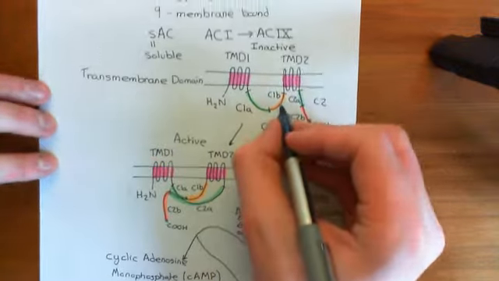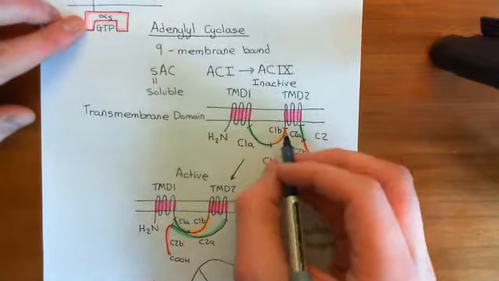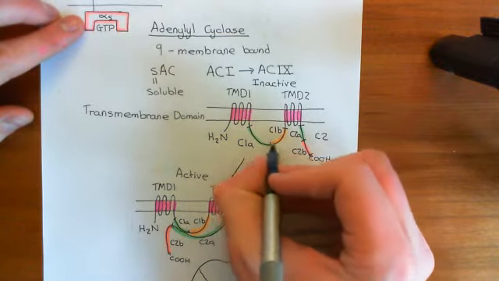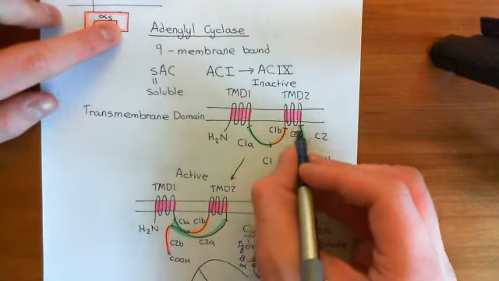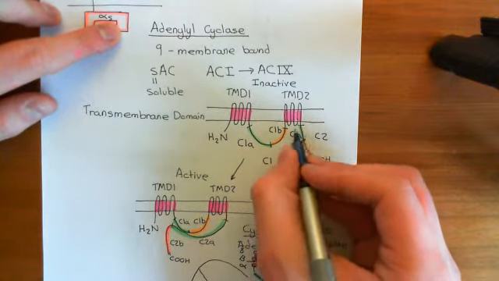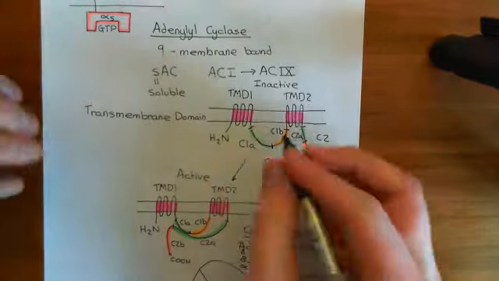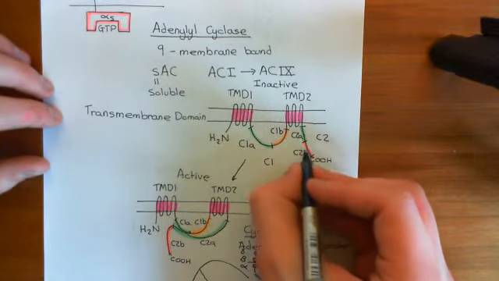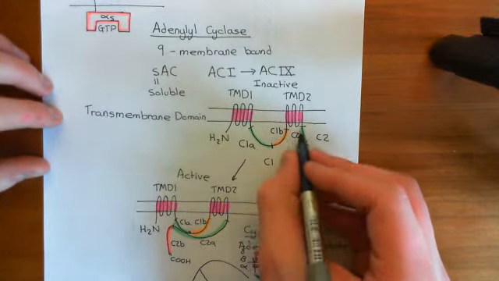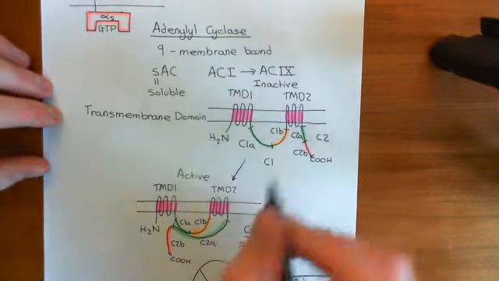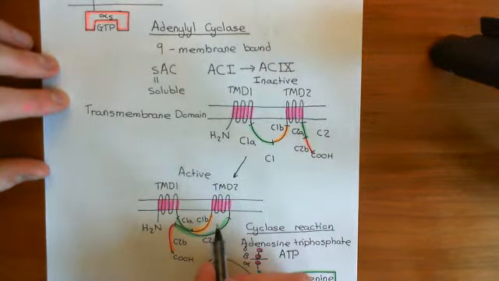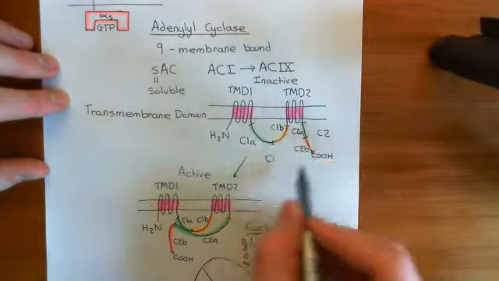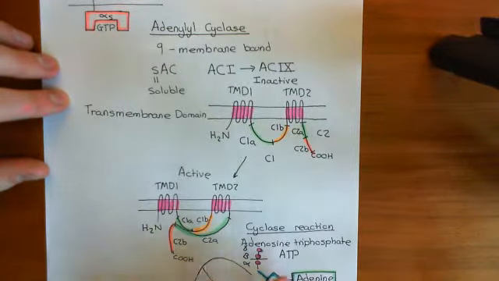The alpha S GTP subunit is going to come along and it's going to bind to some point on the C1 domain. It's then going to have another site which is going to bind to some point on the C2 domain, and that ends up bringing the C1 domain close to the C2 domain, and that promotes the dimerization of C1a with C2a, and therefore promotes the enzyme changing from being in the inactive form to being in the active form.